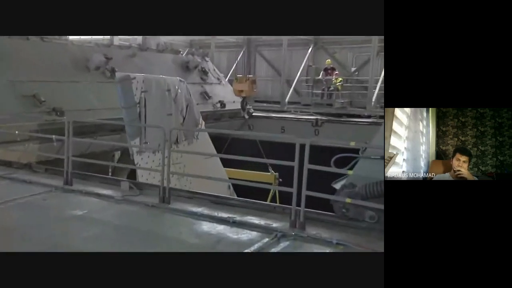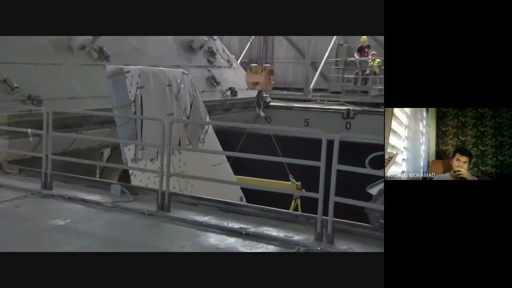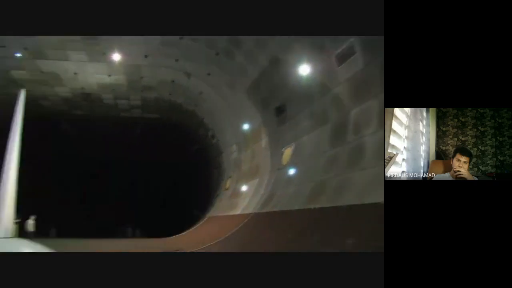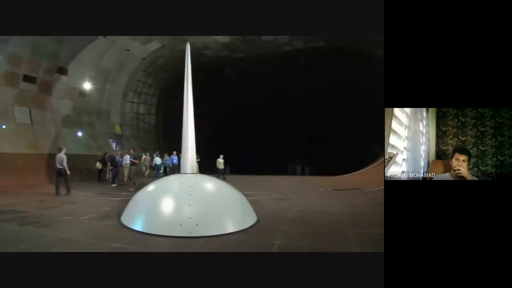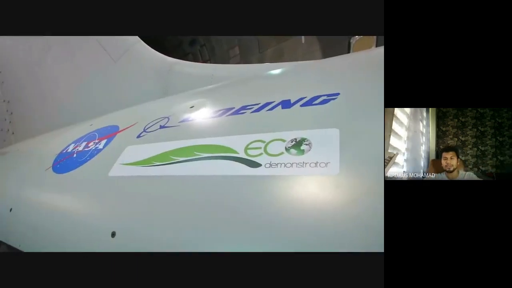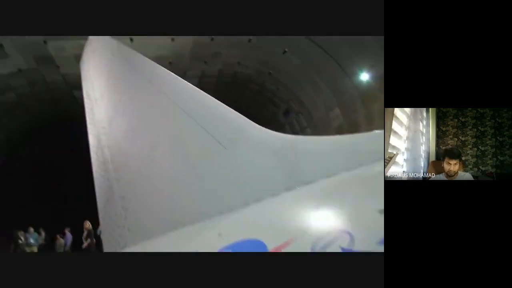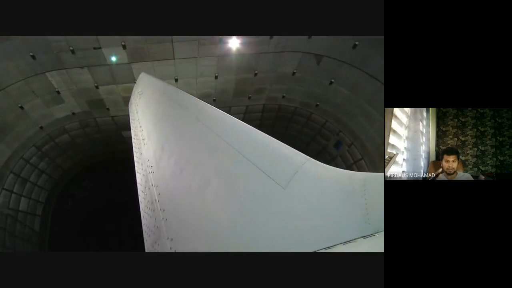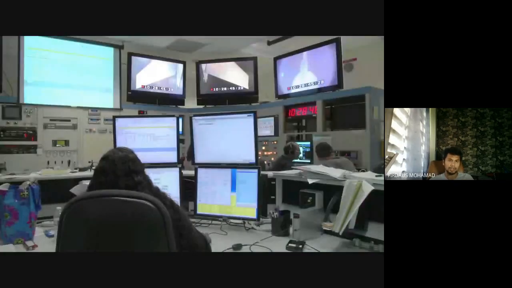Ni actual. Tengok you punya actual. You boleh bayang dia punya besar. Macam mana dia punya test section tu boleh masuk orang. Bukan orang je boleh masuk, kapal terbang actual pun boleh masuk.